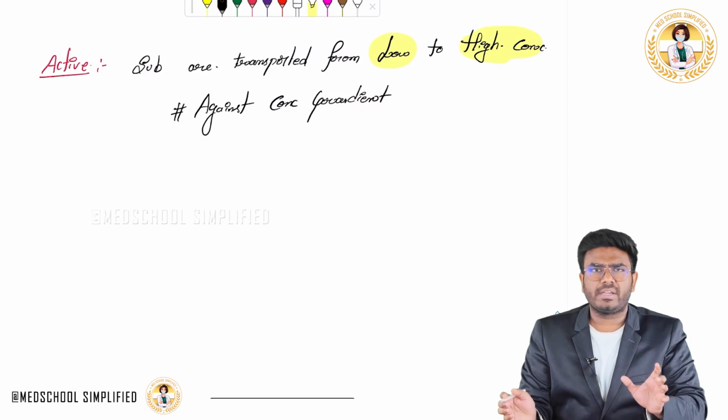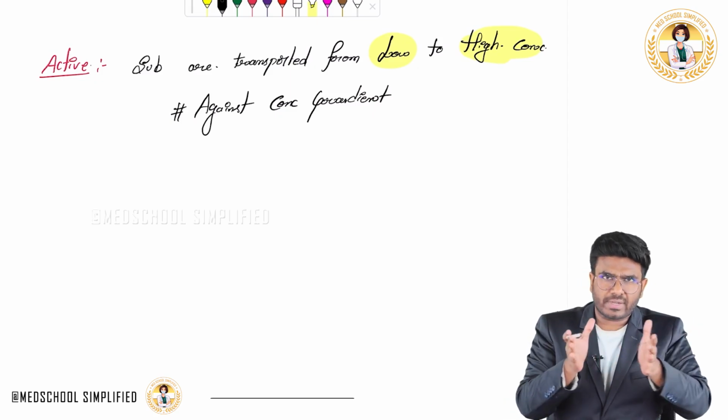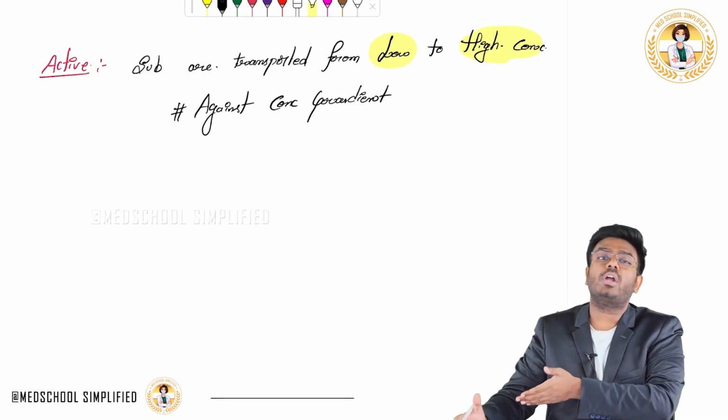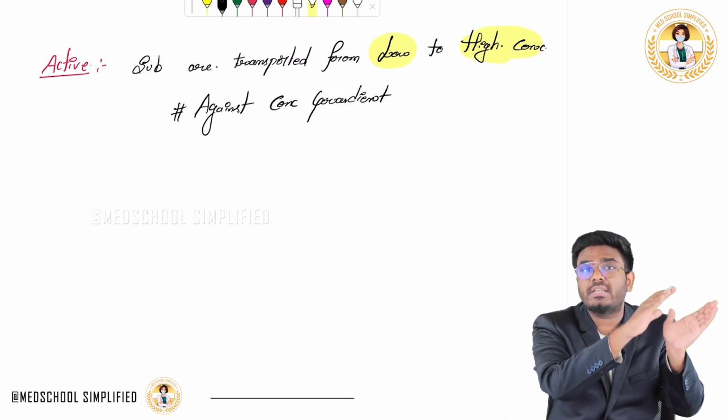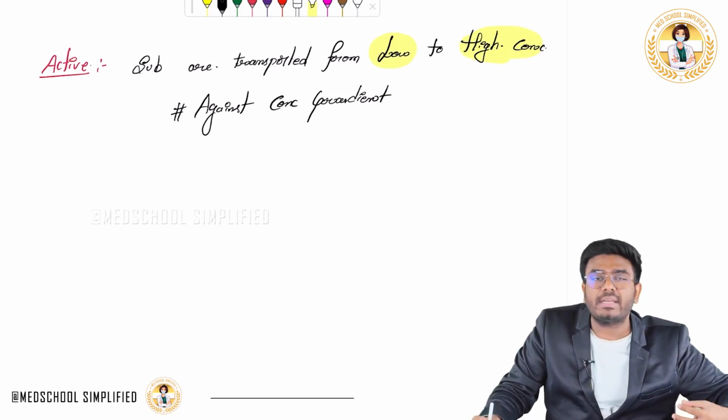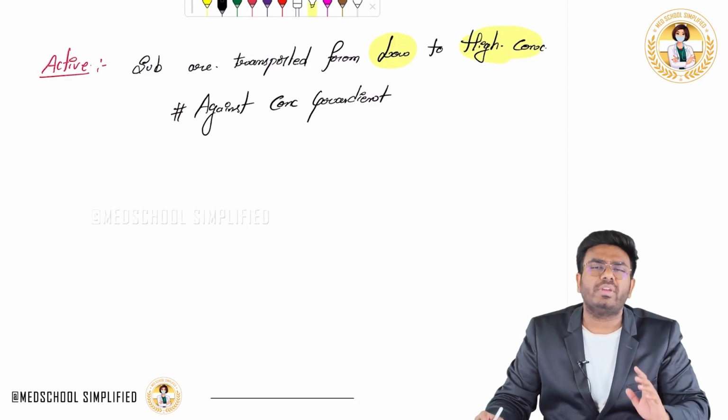Concentration gradient is the difference between the concentrations. Usually substances move according to the concentration gradient, that is from high concentration to low concentration. But if you want to move a substance from low concentration to high concentration, you need to give energy.